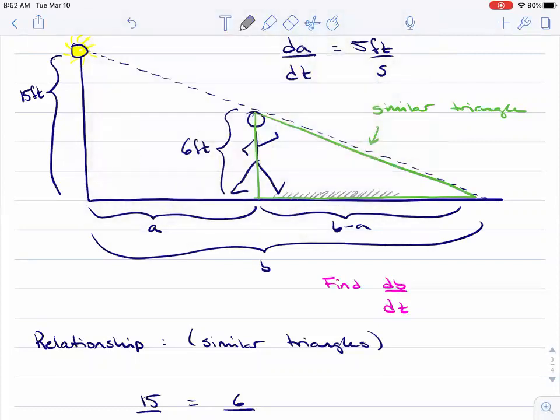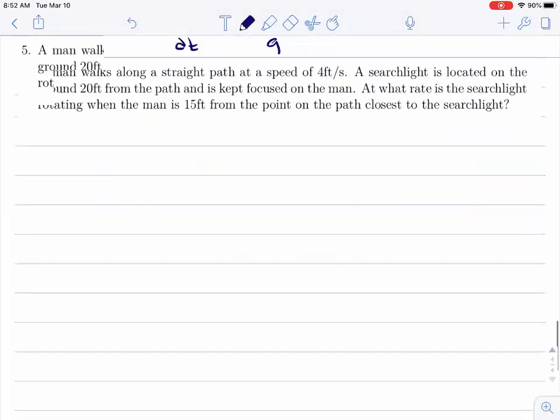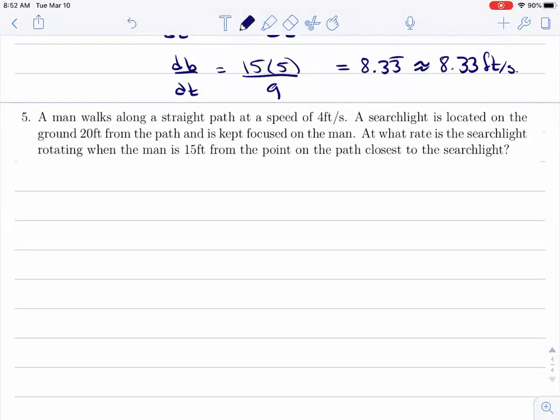And I think the shadow, let's make the shadow go all the way. I just don't know enough about shadows, I guess. Anyways. Let's do question 5 for hopefully a better one. Okay.